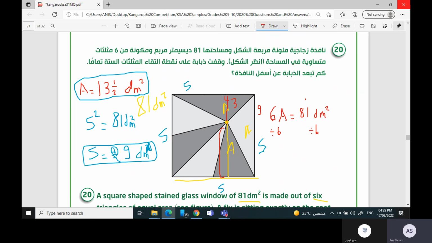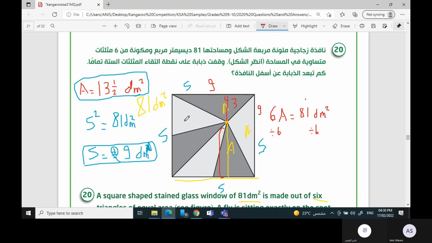S is equal to 9 decimeter, because the side will never be a negative value. By the way, a vector can be negative, but a side will never be negative. So S is equal to 9 decimeter. Simply, I found that this side is equal to 9.